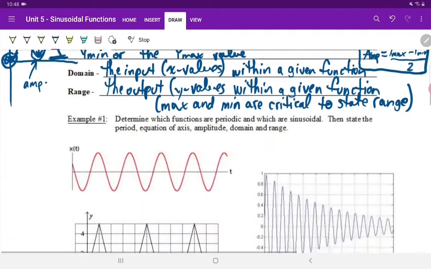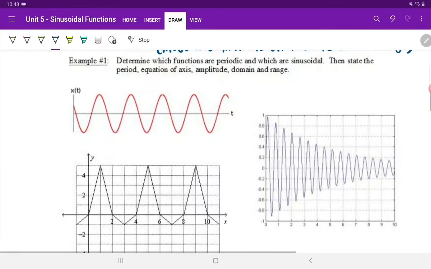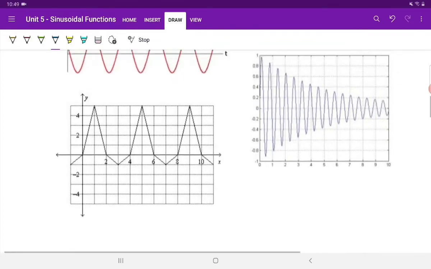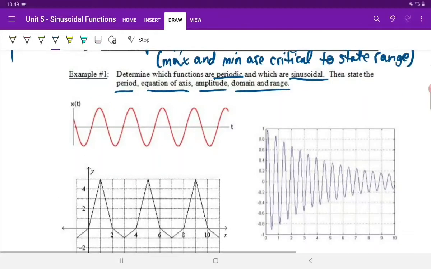Okay, let's start with an example of differentiating between periodic and sinusoidal curves. Then it says state the period, the equation of axis, the amplitude, and the domain and range of the following, if it's possible, because for some of these it won't be possible.